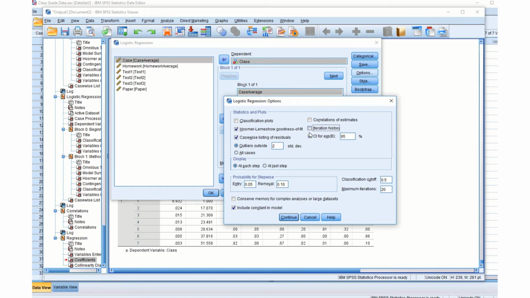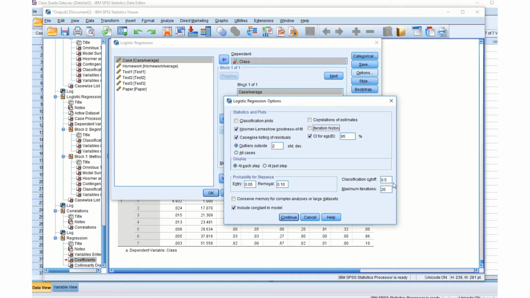That can be done. Also, I just want to point out the cutoff point. You can specify the cutoff point. Remember, a probability will be created for each case, between 0 and 1. Anybody whose probability is calculated above 0.5 will be in the first group.